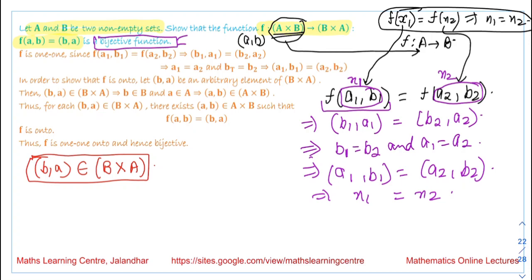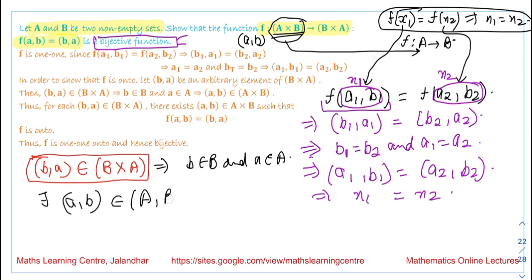Then we are saying if (b, a) belongs to this, this implies that b belongs to B and a belongs to A. It means there exists an element (a, b) belonging to A cross B such that f of (a, b) is equal to (b, a).